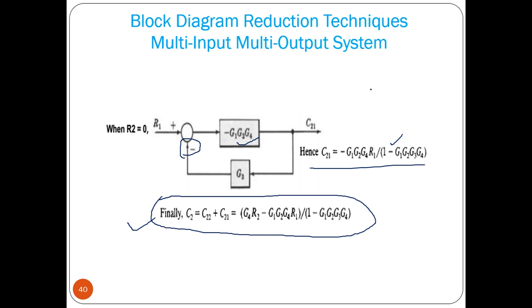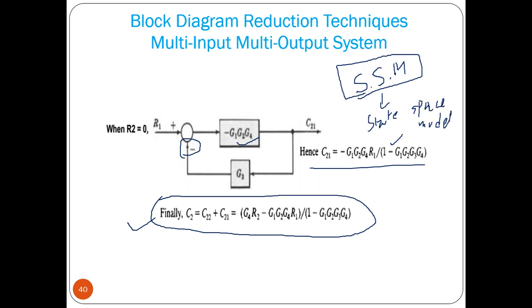For that, in control system we have one technique that is called the state space model. Using that we can solve this multivariable system very easily. That is called state space model, or state space representation.